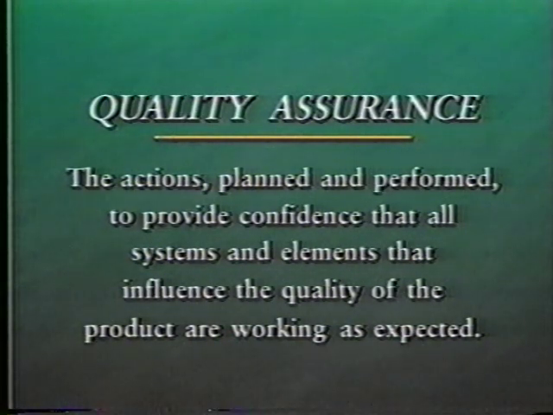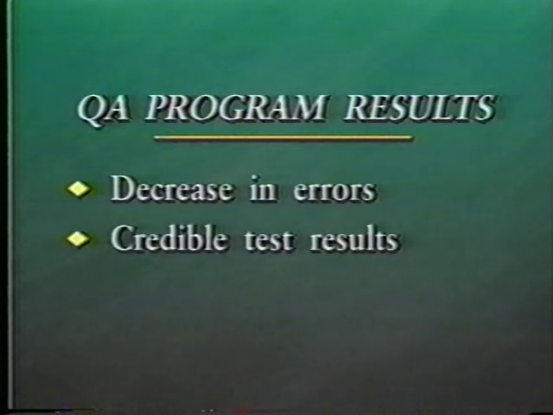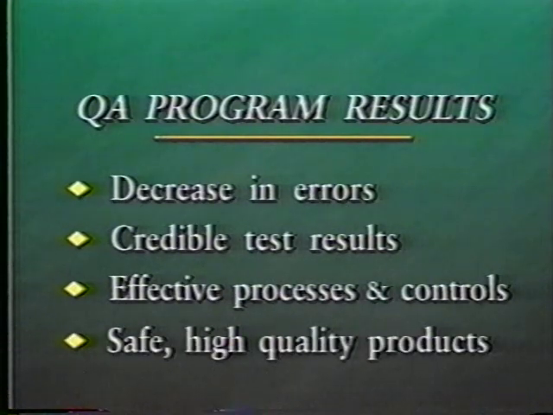The FDA considers the quality assurance function to be extremely important in blood establishments for several reasons. An effective QA program can result in a decrease in errors, credibility of test results, implementation of effective manufacturing processes and system controls, and products that consistently meet required safety and quality attributes.